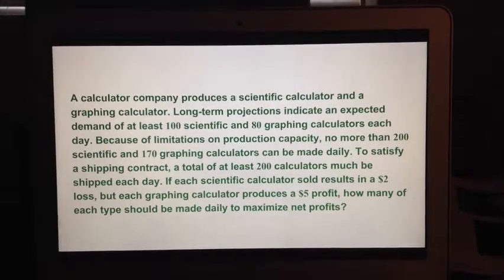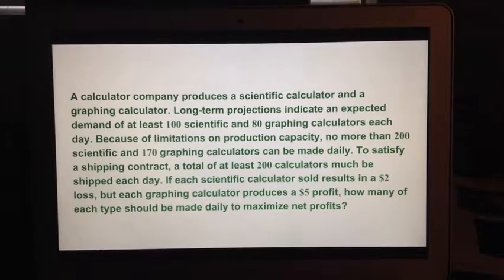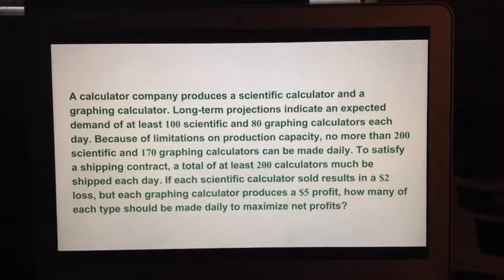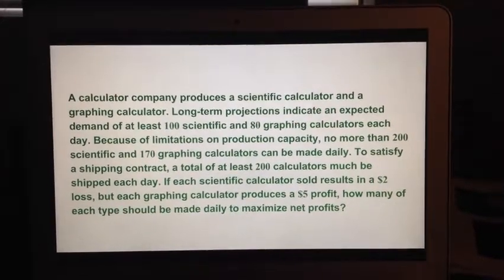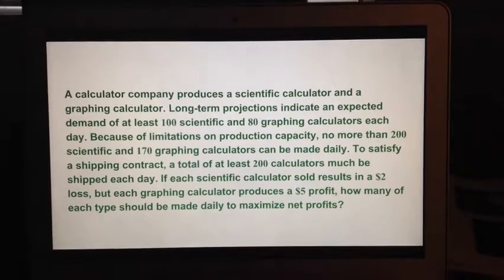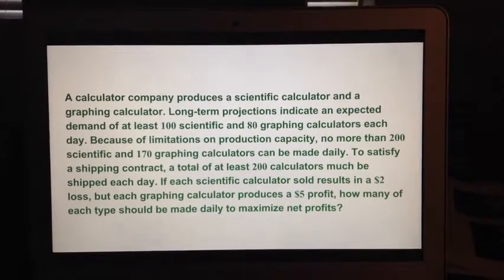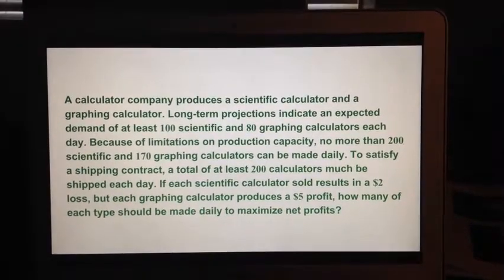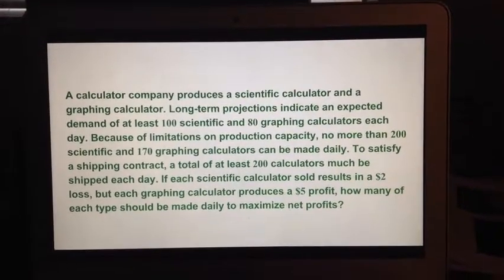To satisfy a shipping contract, a total of at least 200 calculators must be shipped each day. If each scientific calculator sold results in a $2 loss, but each graphing calculator produces a $5 profit, how many of each type should be made daily to maximize net profits?